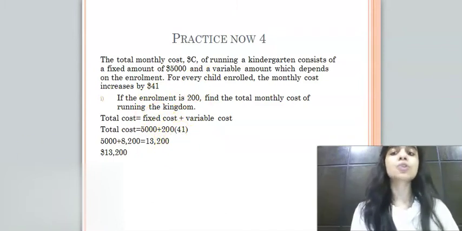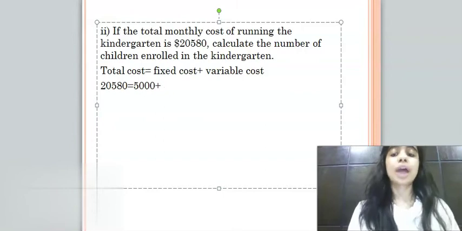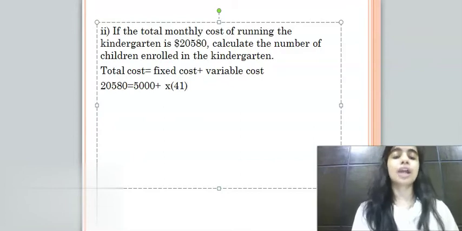Now here, I do not have the number of children. So let's keep my number of children as x. So I can say plus x multiplied by 41. Now again, why am I multiplying it by 41? Because $41 is the cost for one child. Now let's work the value of x out, and that will be our answer.